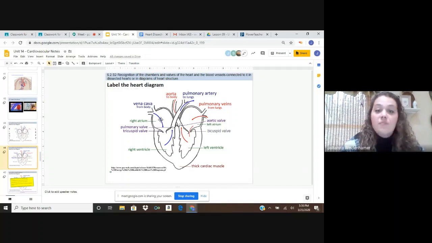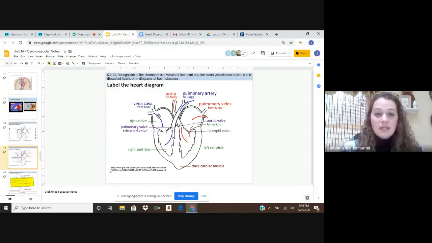cava. The blood is then going to enter into the right atrium, so this top chamber on the right side of the heart. And remember, when you're looking at a heart, you have to picture it in the body. So you have to flip it to know which side is right and which side is left. So looking at it, you're coming into the right side of the heart, your right atrium.